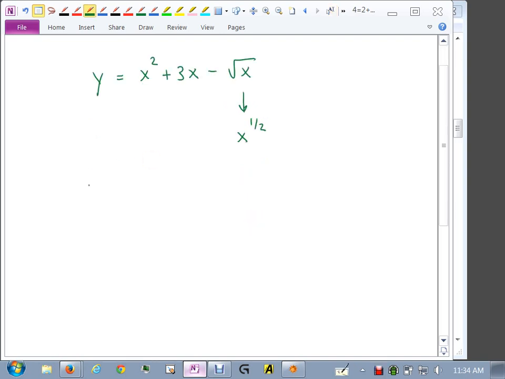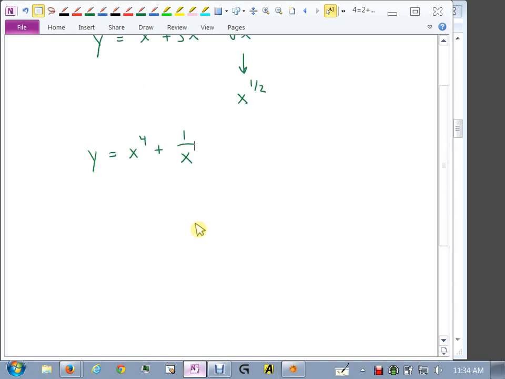Another example, y equals x to the 4th plus 1 over x. Is that a polynomial function? Well, isn't 1 over x the same as x to what power? -1, isn't it? Because when you take x to a negative power, that means drop it down. So I'm going backwards.